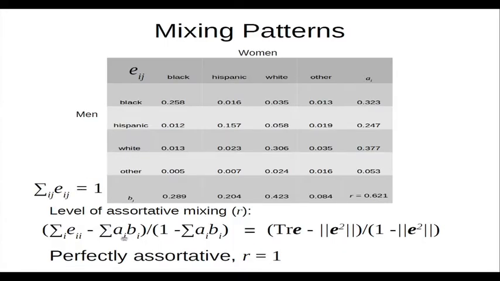That is quantified by this sum of a_i b_i, where a_i is the sum of the elements on the rows, as we have shown in the table, whereas b_i or b_j is the sum of the elements on the columns. So basically this is the chance, independently, that two nodes from two different groups pair up for a sexual partnership.